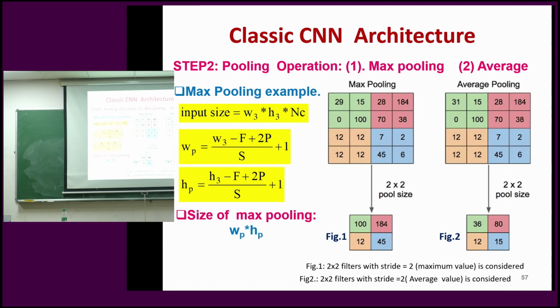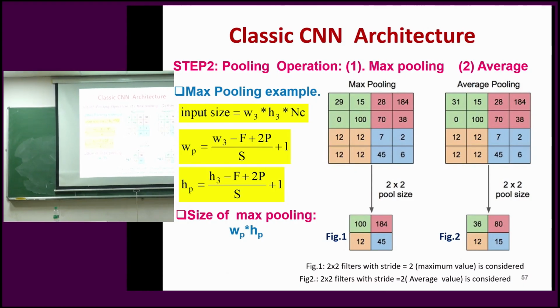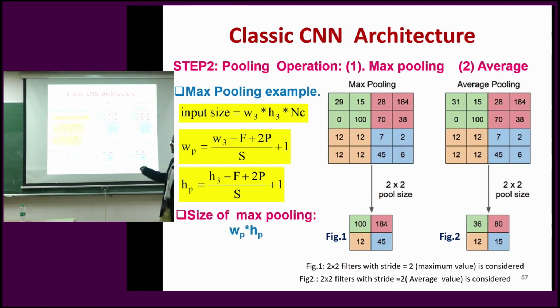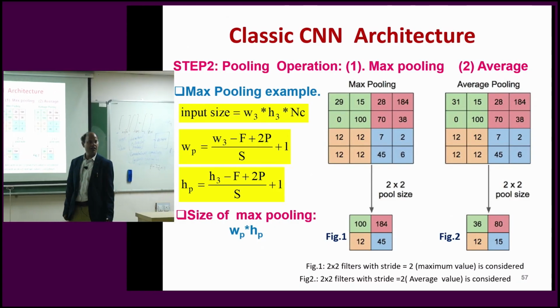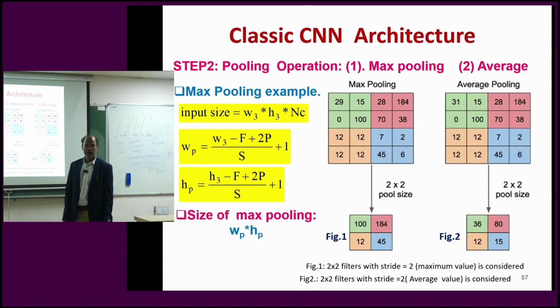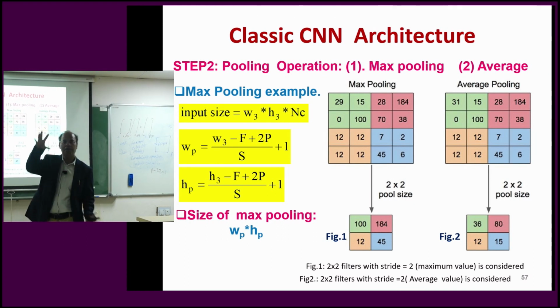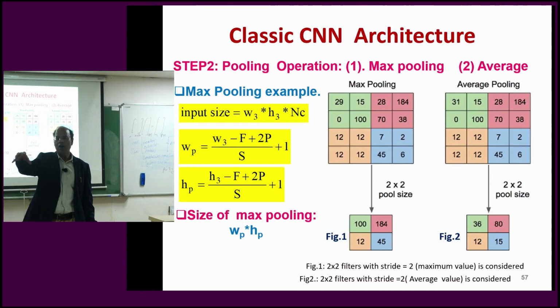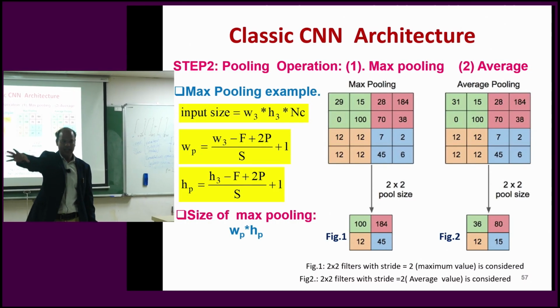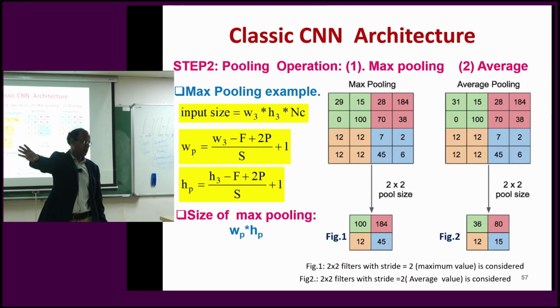So pick 100, then stride 2. Pick the maximum feature, so 184, then stride down, 45 in this window, then again stride 2, you will see that here all are the same, so you get 12. That's called max pooling, right? Max pooling means we are picking up the most important feature of the convolution layer's output, that's all, okay?